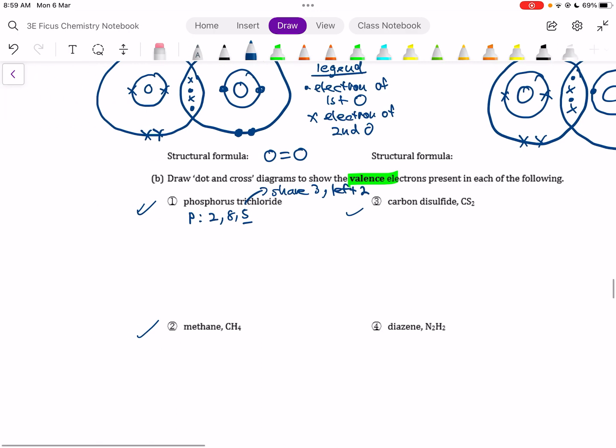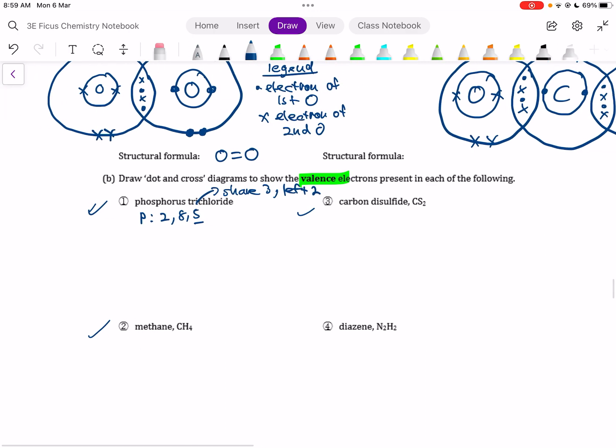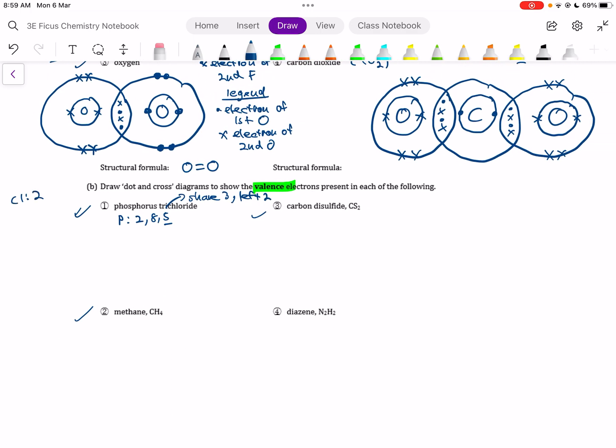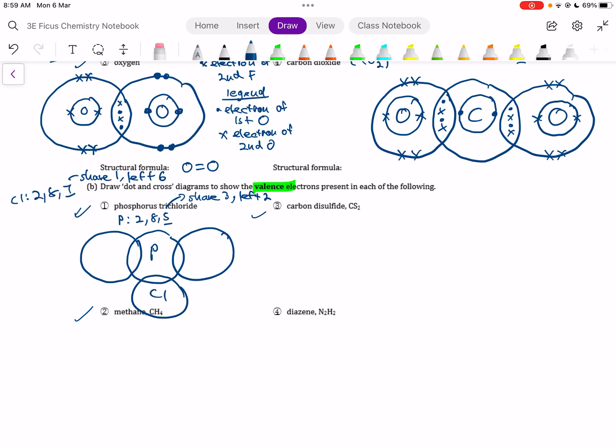Okay, chlorine, I need some additional space. Maybe I zoom out a bit. Chlorine I have 2,8,7. So this one you share 1, left 6. Yeah, share 1, left 6. So phosphorus, chlorine, phosphorus, so share 3 left 2.